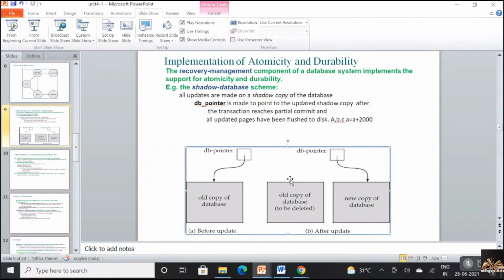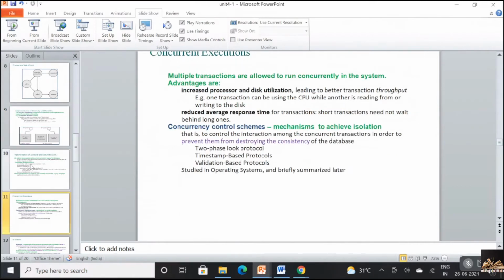Once the transaction enters the commit state, this would be converted into a new copy of the database, which is an updated version of the old copy. And then my DB pointer would be pointing to the new copy of the database. That is the concept. This is the shadow copy.